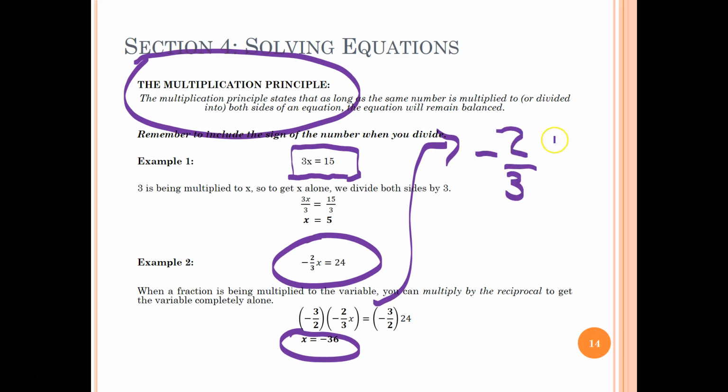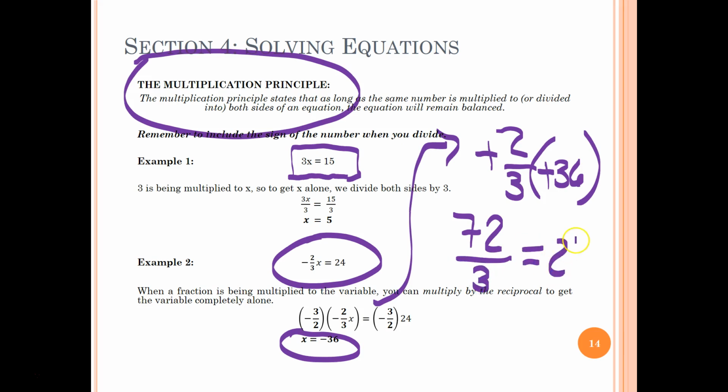So here, if we take -2/3 times -36, negative times negative is going to give us a positive, and 2 times 36 is 72, divided by 3 does in fact give us a positive 24. So we know we've done this right. So take the time to check, especially as these get more rigorous. It's really important. All right, moving on.